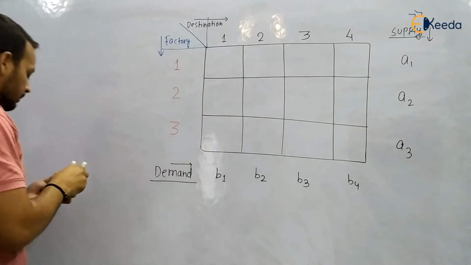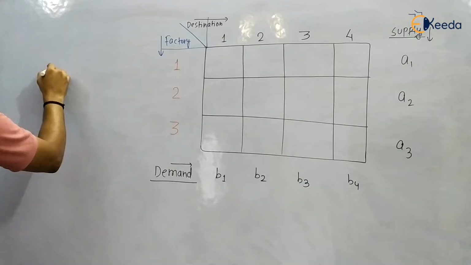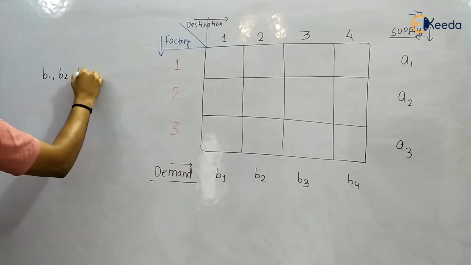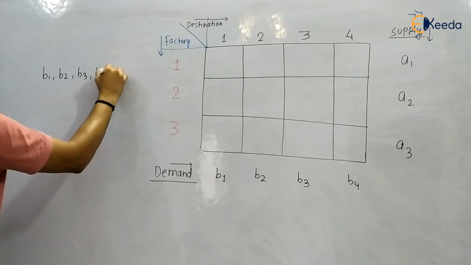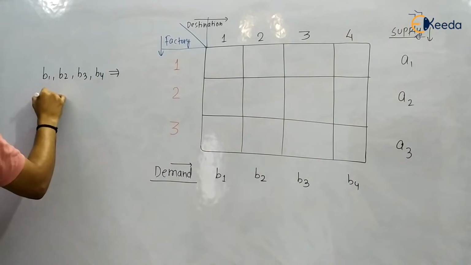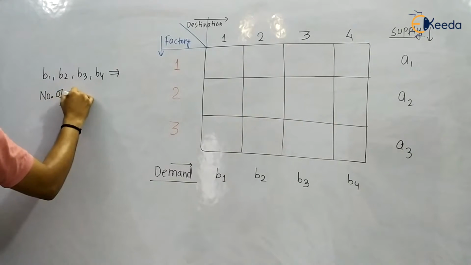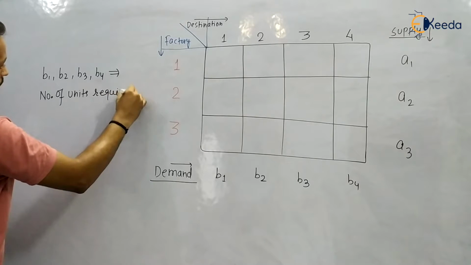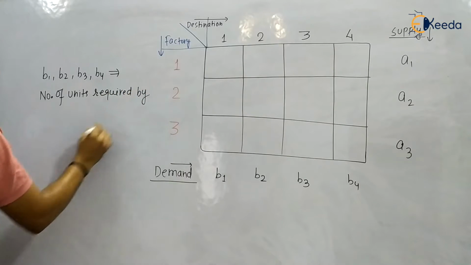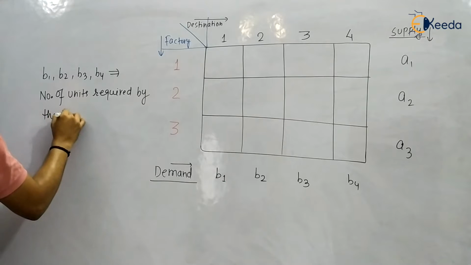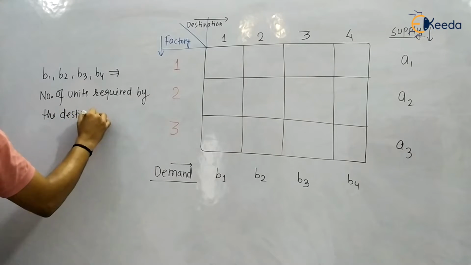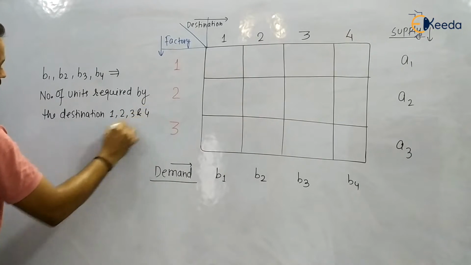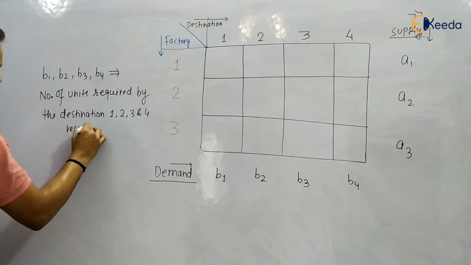So B1, B2, B3, B4 are basically the number of units required by destination 1, 2, 3, and 4 respectively.